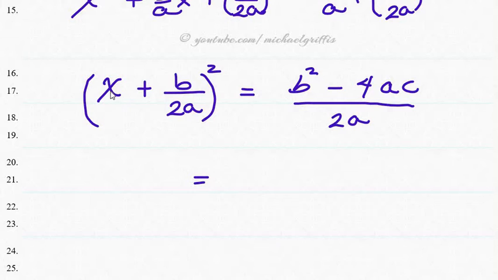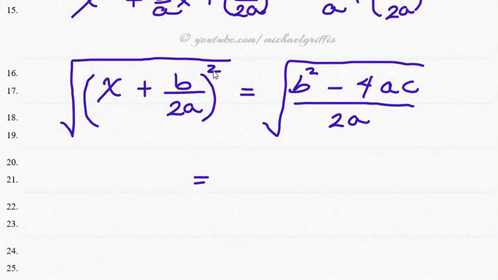Now, we're solving for x in this problem. So that means you have to square root both sides in order to get rid of this square. If we square rooted both sides, that's going to eliminate this square right here. But when we do that, we have to go plus or minus. So we're going to write plus or minus here.